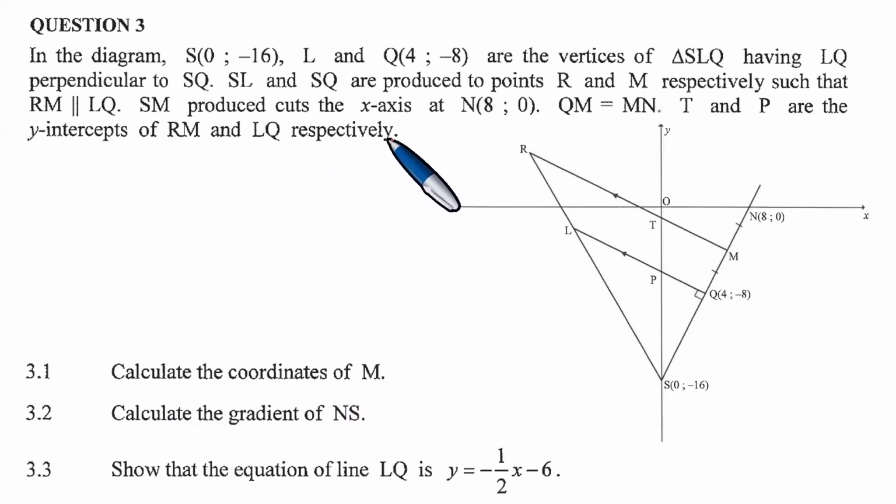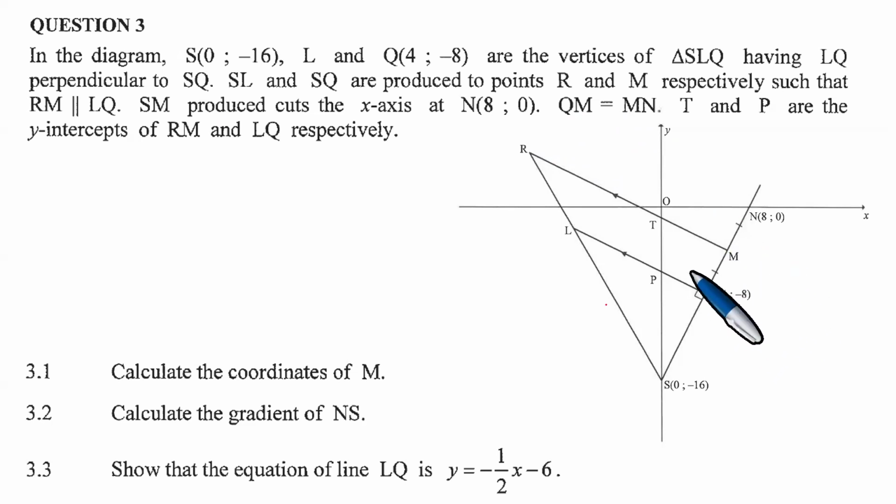Now we have been told about M, that as it is sitting here, it is actually a midpoint. SM produced cuts the x-axis at N, but QM is equal to MN.